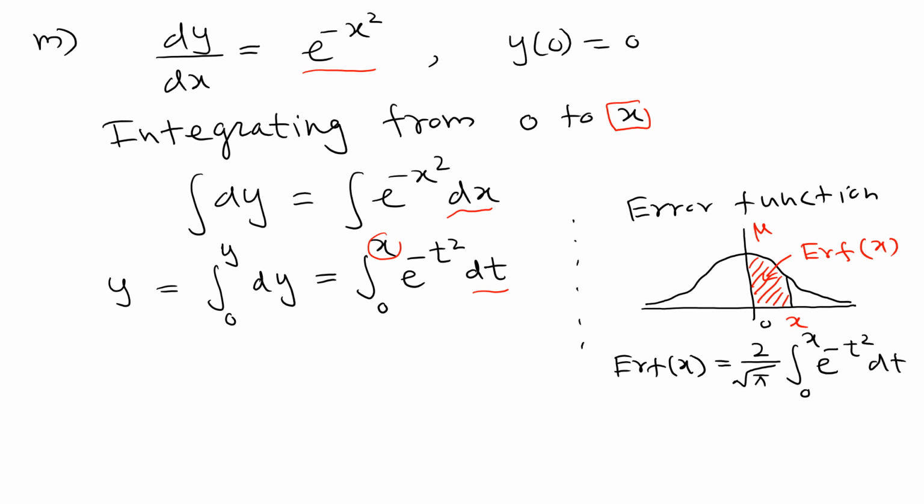So this is what we call the error function. Now actually we can use this because that's exactly what we have here. We just need to multiply by square root of pi and divide by 2. So that means your final answer you can write as y equals square root of pi divided by 2 times the error function of x. So this is how we write the solution.